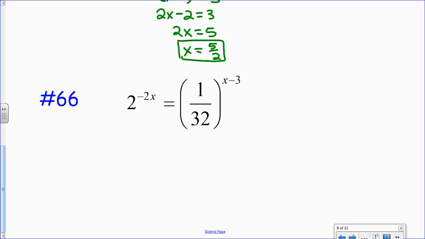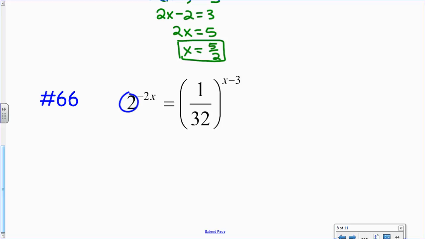Okay, so start with the bases. So what's the base on the left? What's the base on the right? 1 over 32. Okay, well the 1 over, what does that mean with an exponent? Negative. So I'm going to ignore that part for right now.